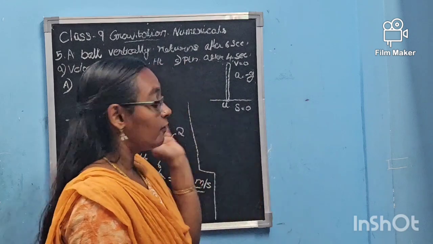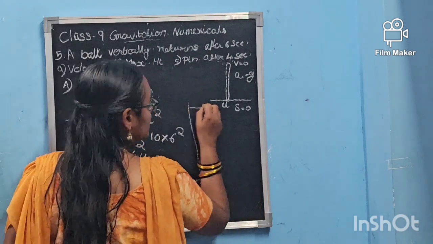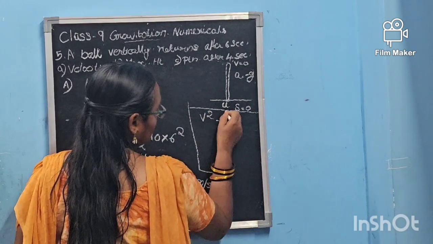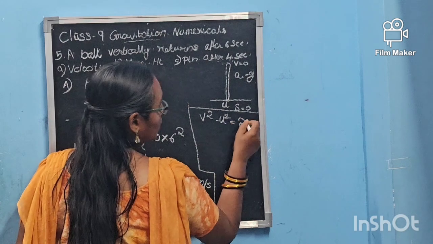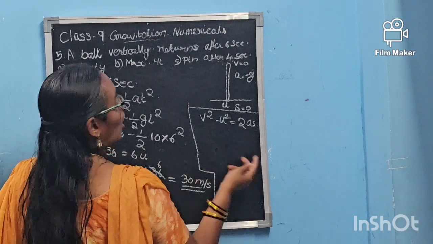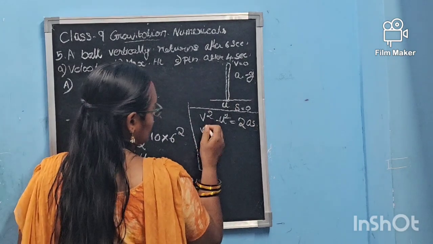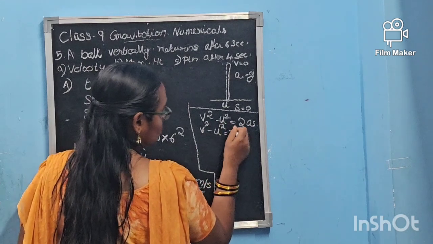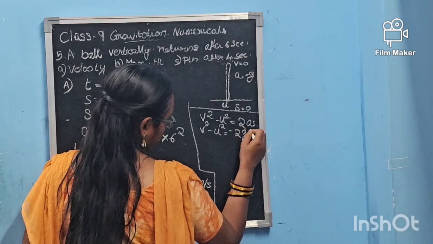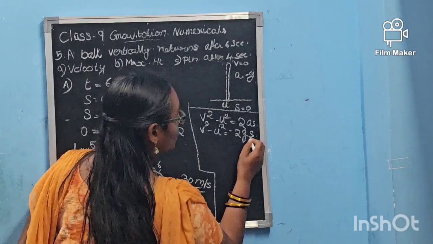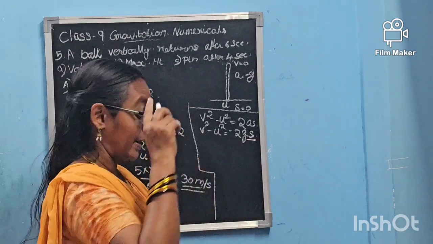Okay. So what equation can we use? We can use v square minus u square is equal to 2as. Here alterations can be made: v square minus u square is equal to minus 2gs. What we have to find out is s, which means maximum height.